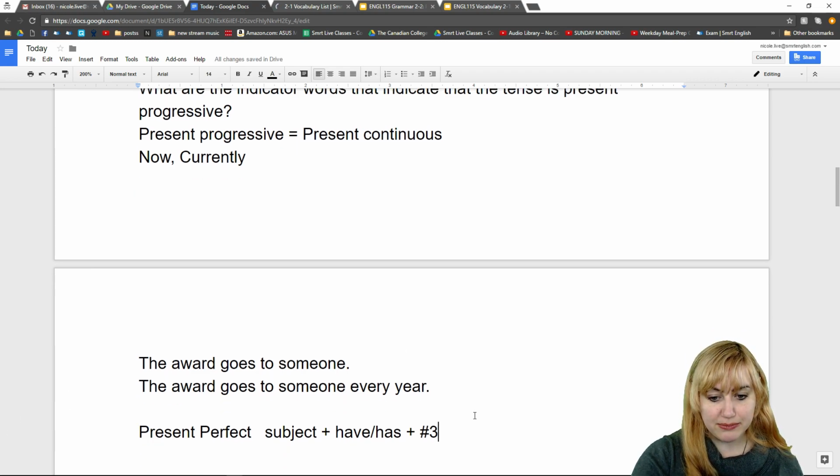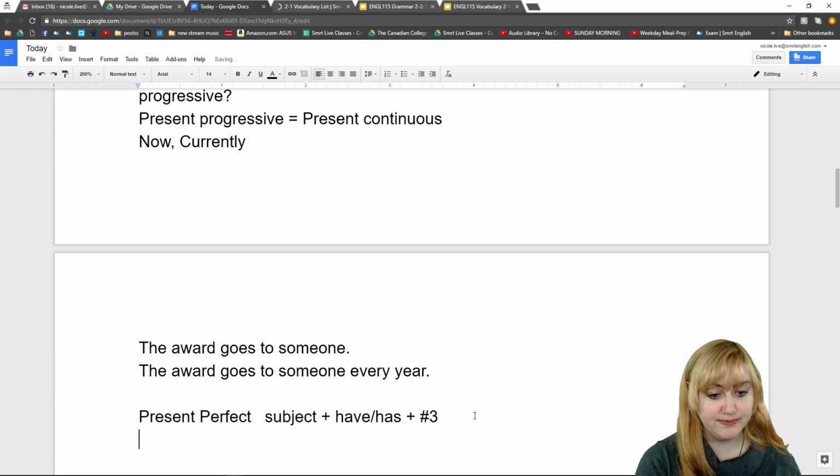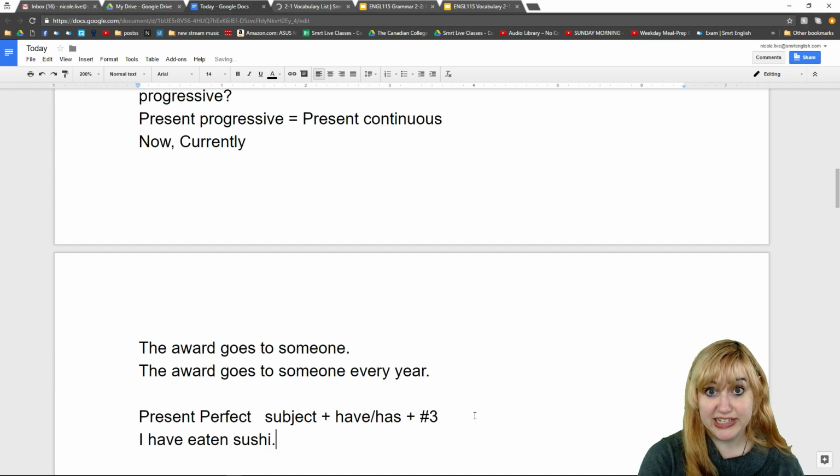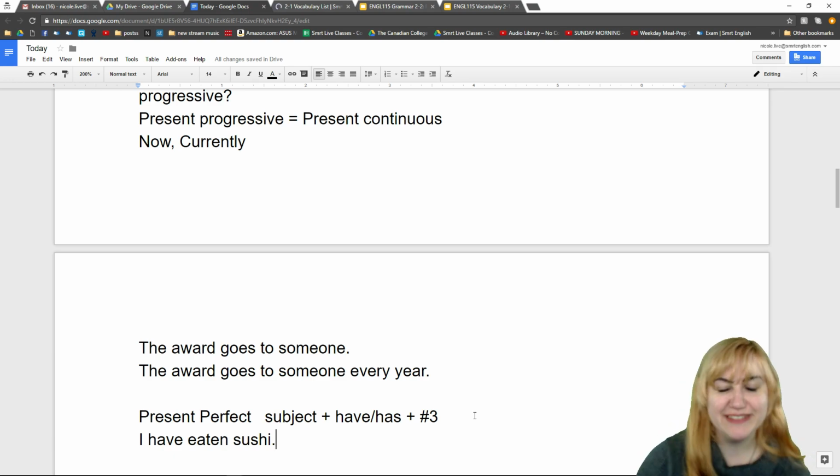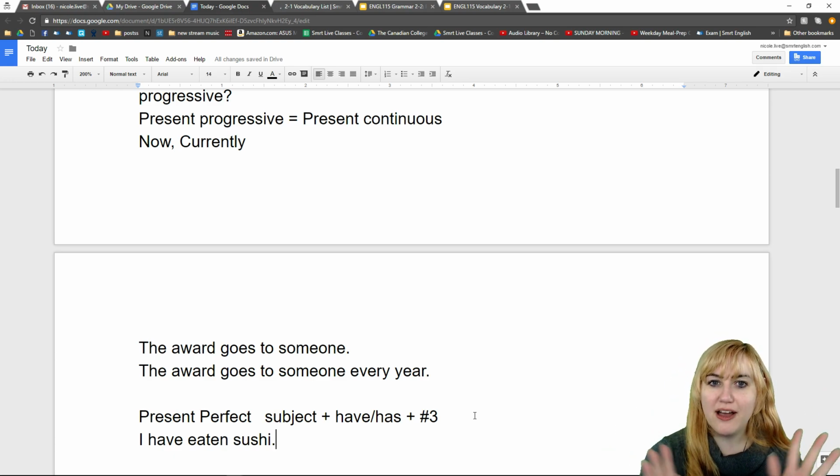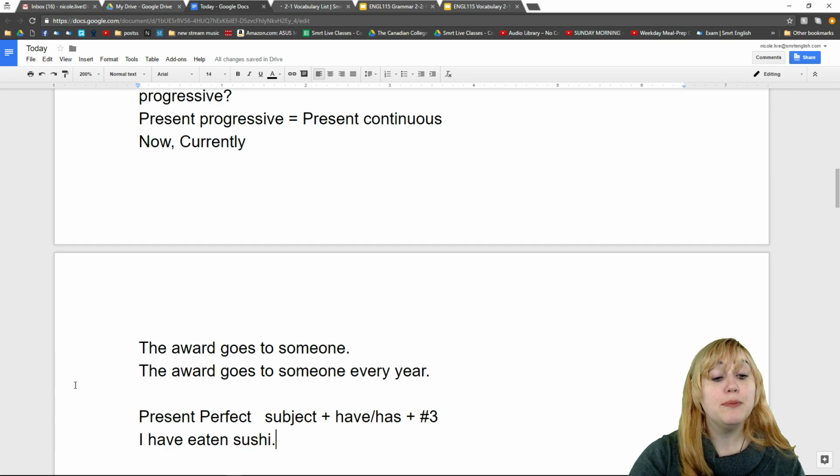So I'll give you an example here of present perfect. Like, I have eaten sushi. Present perfect is a grammar that we'll study much later, but it's one of my favorite grammar points to teach because it's very complex, but very, very fun. Okay, but yeah, present perfect and present progressive are not the same thing.